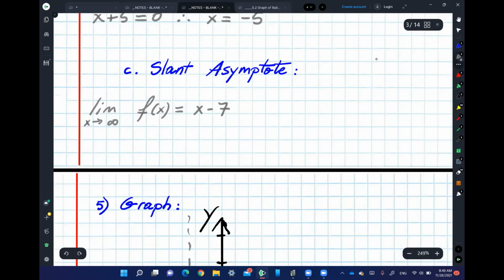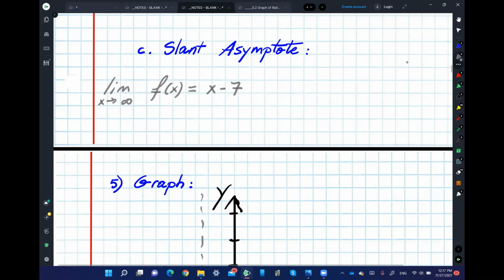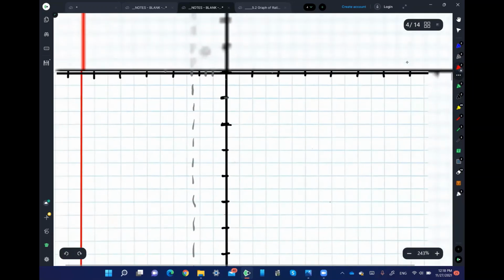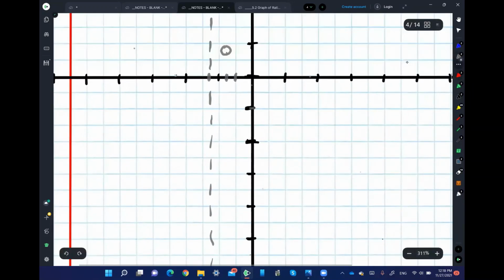And you just have to graph it. To graph a line, you need to get the y-intercept and the slope. The slope here, the coefficient of x, is 1. So -7, so -2, -4, -6, -7 is roughly here. And a slope of 1 will produce a perfect diagonal.